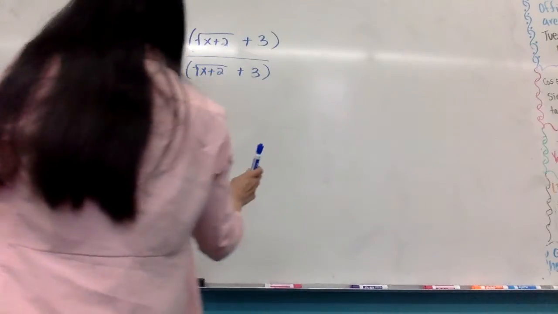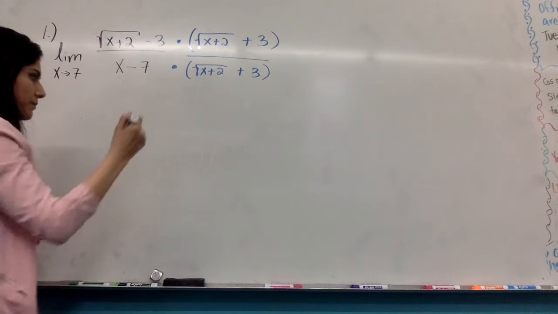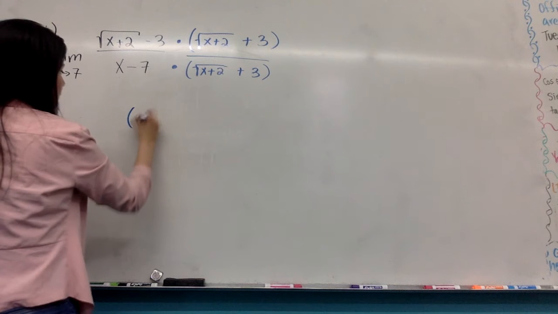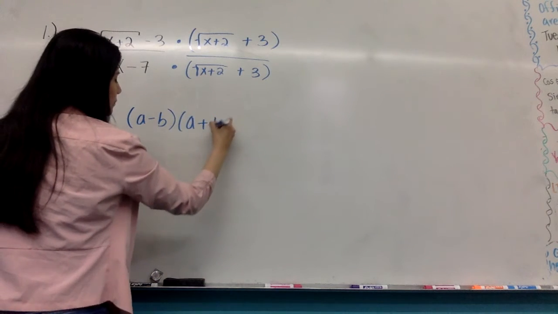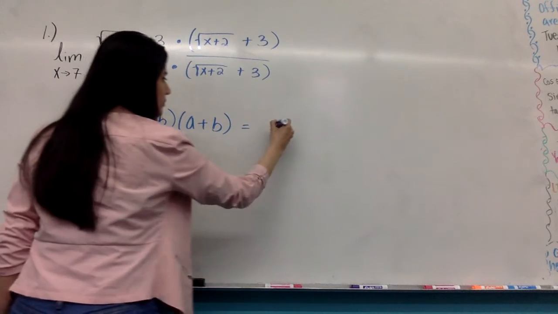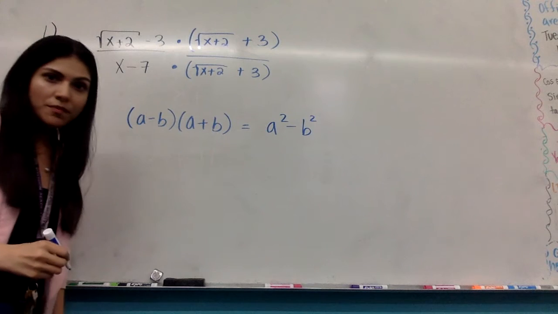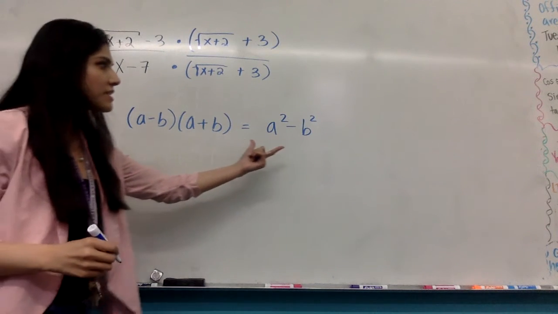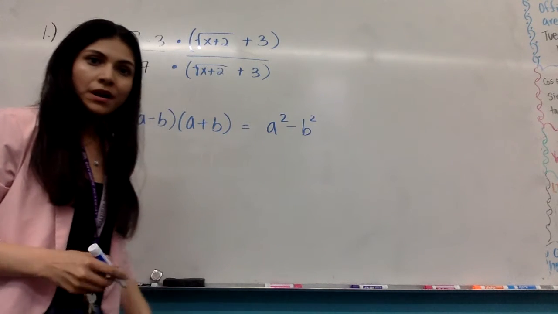Okay, now from here, I'm going to be using the property. And let me remind you of this specific property. That special property, a minus b times a plus b is equal to the first term squared minus the second term squared.